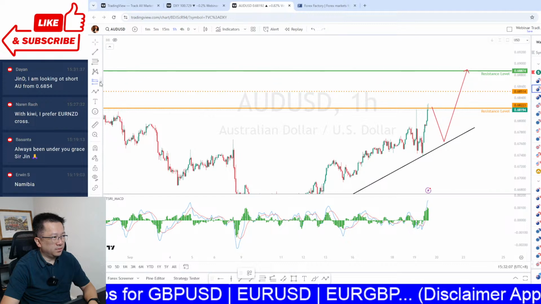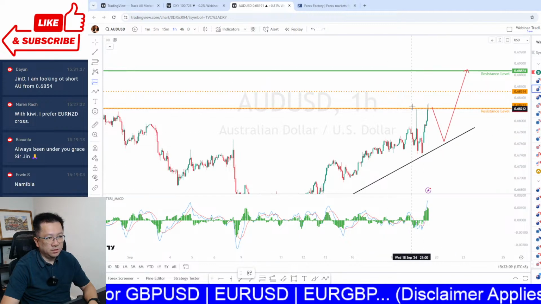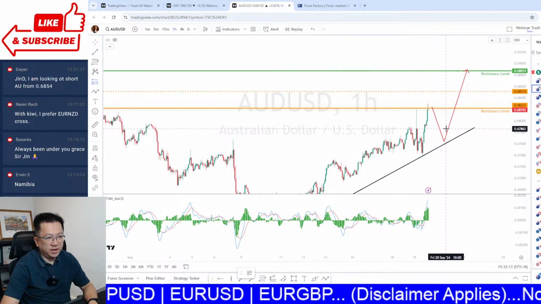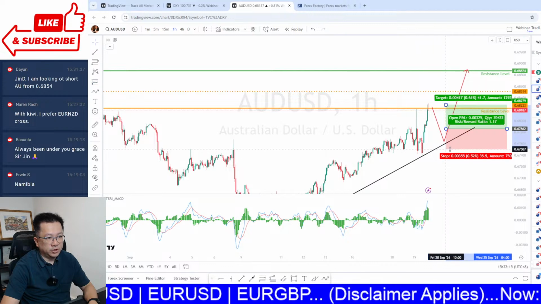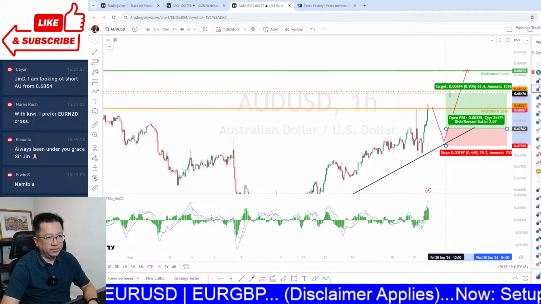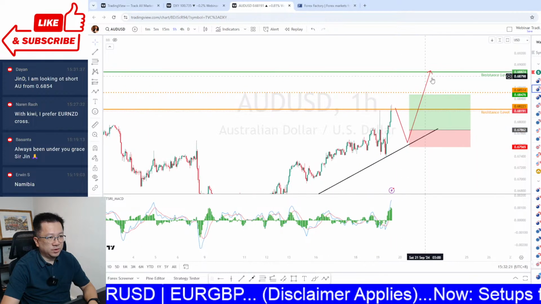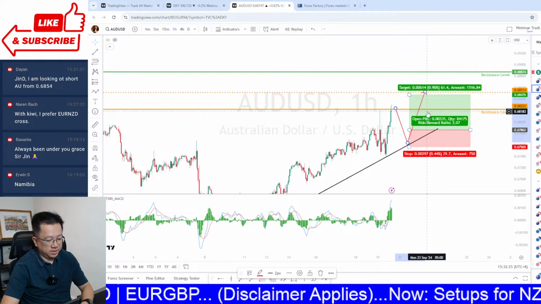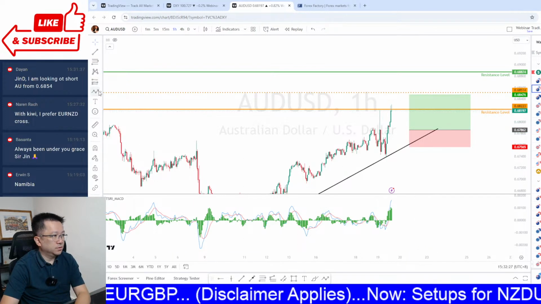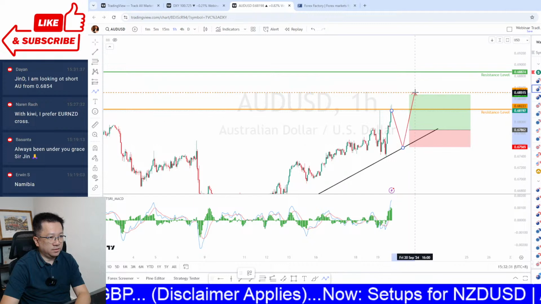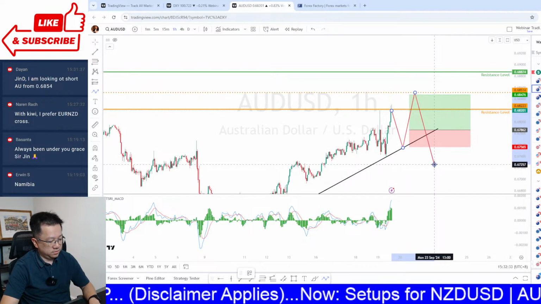This would be a bounce off the trend line at 0.6785. Stop loss would be about 30 pips. Take profit, you have 60 up to this area, like that. So we could see that, and then that back down.